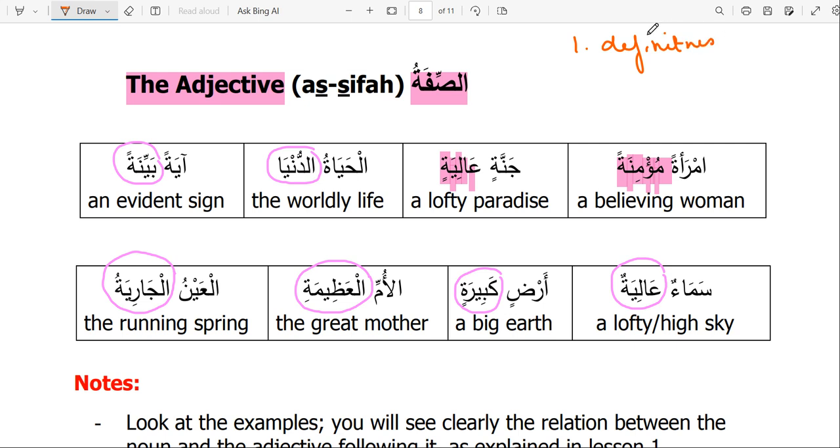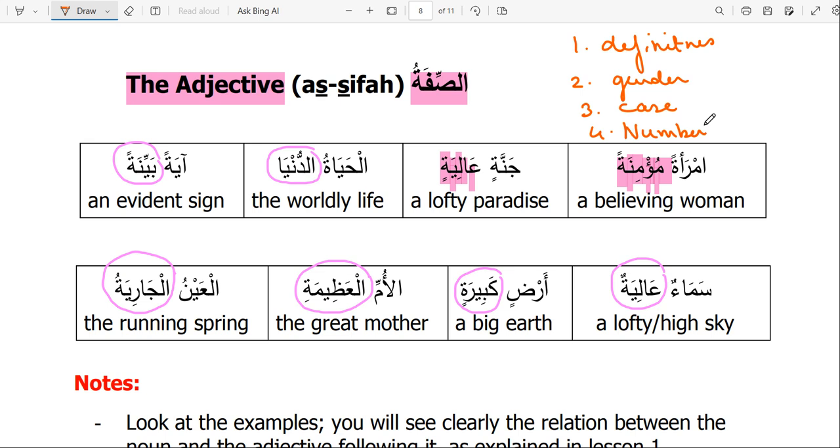Third is the case, the harakas, and the fourth one is number, whether it's the plural, singular, or dual.